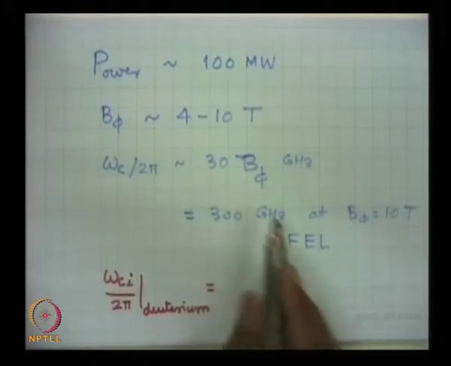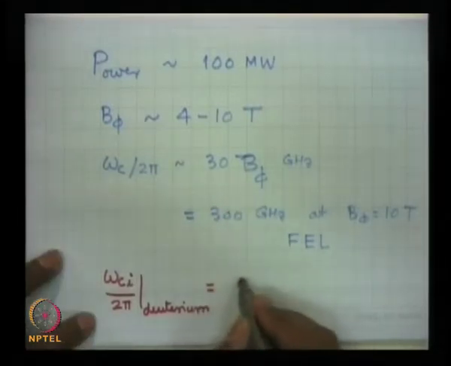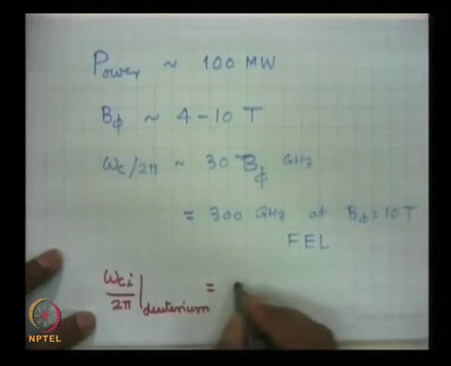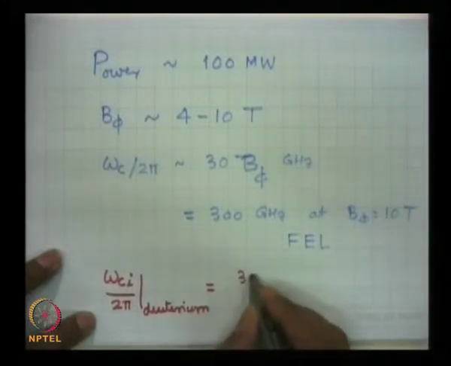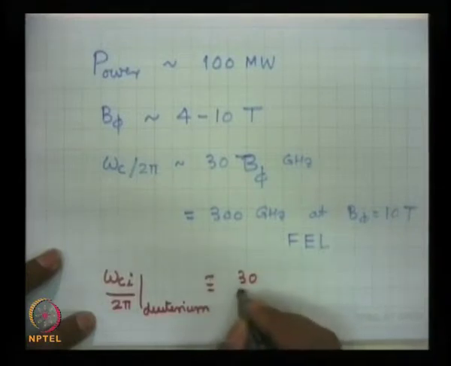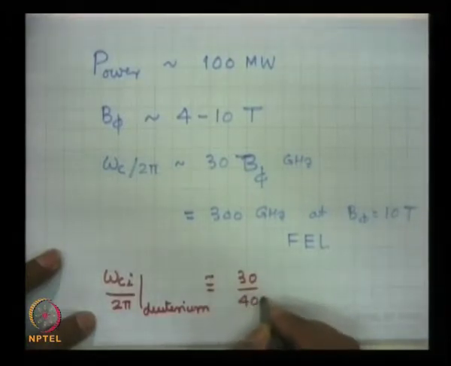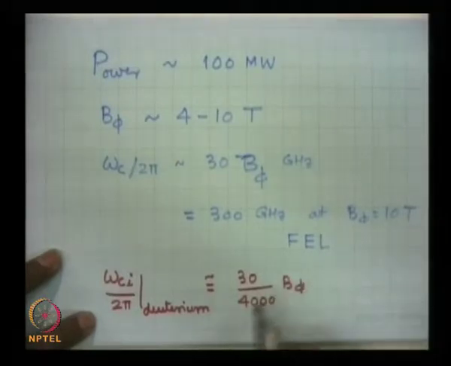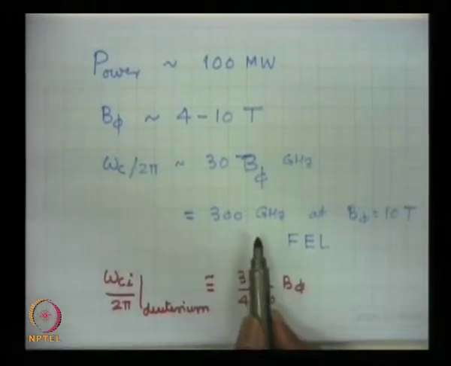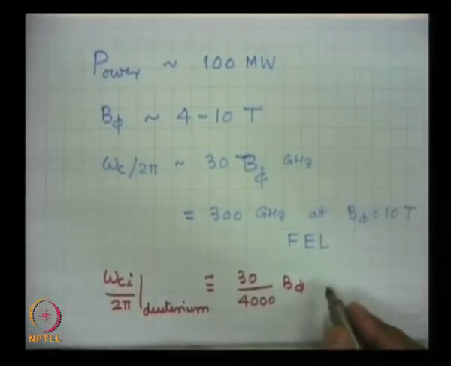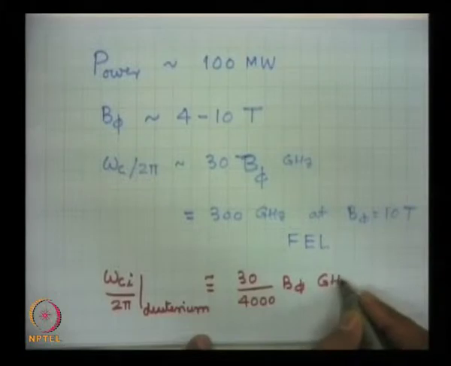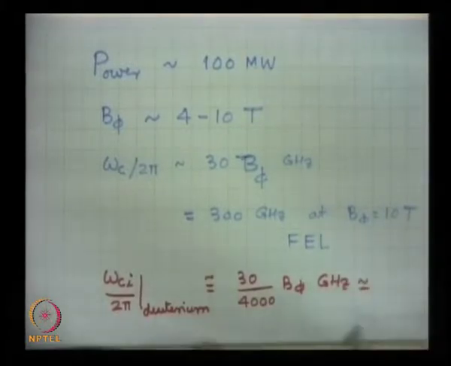The mass ratio is typically 4000 as compared to the electron mass. So, this becomes 30 upon 4000 B phi. If I have a tokamak with 10 Tesla magnetic field, this will be 300 upon 4000, in gigahertz.